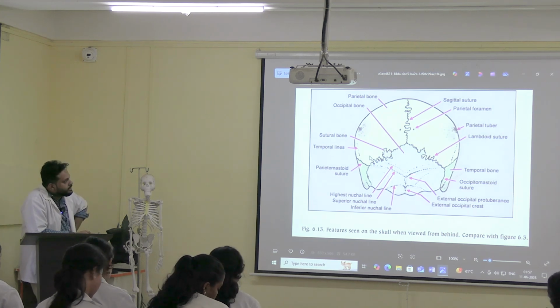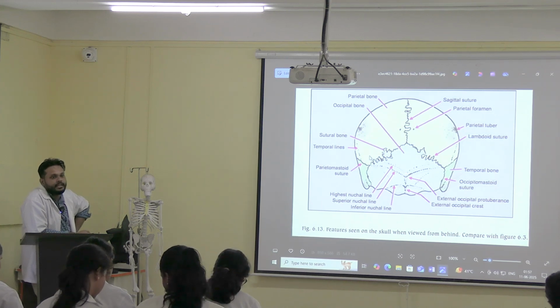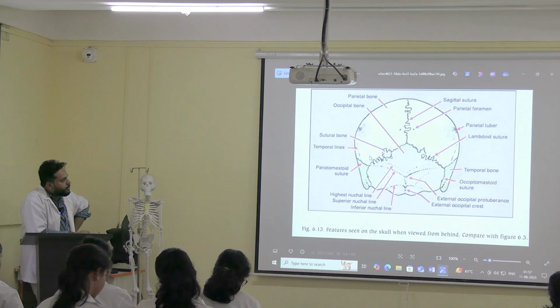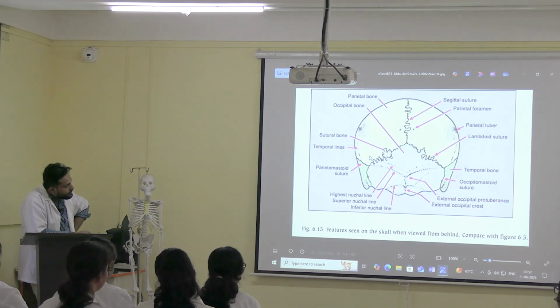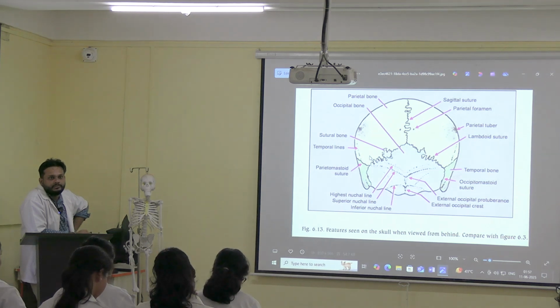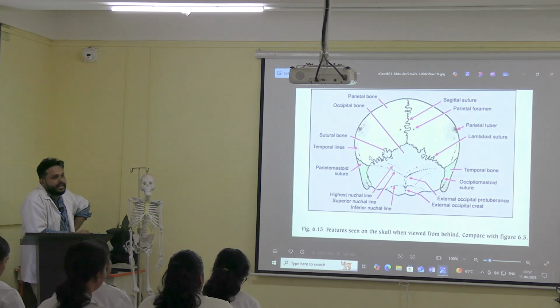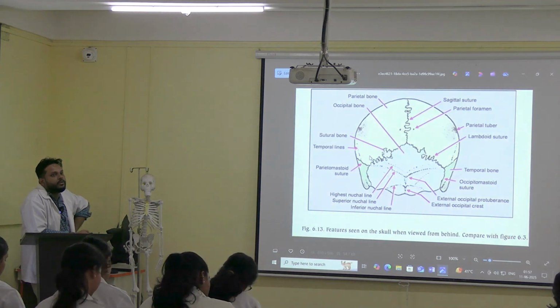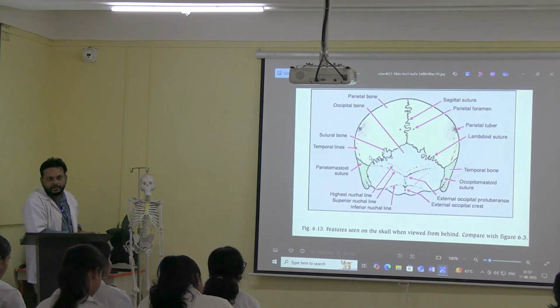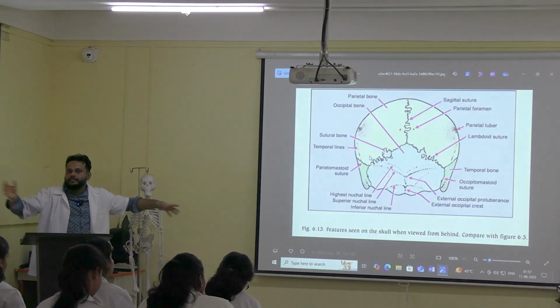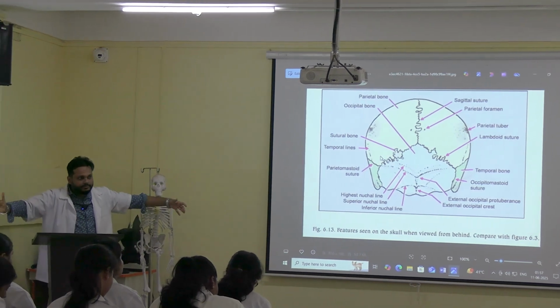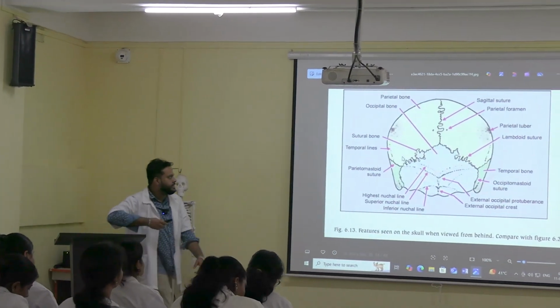Right? This is the external occipital protuberance. And a little below it, there is another bony ridge-like thing. That is the external occipital crest. From the external occipital protuberance there is a ridge going laterally, outwards, right?